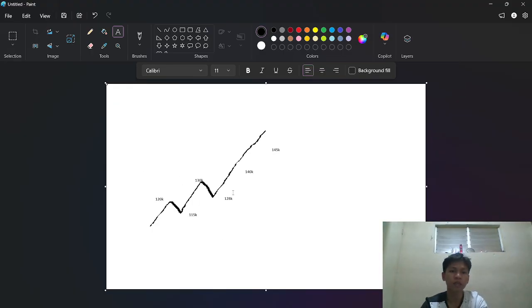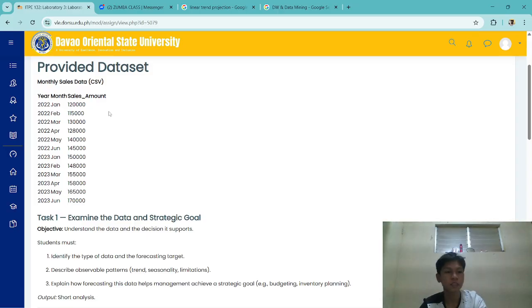So that is what we graph here. As you can see, it increased to 120K, then down to 115, increased to 130K, then down to 128, then continuously increasing. That was what we observed during the mild season of its trend.